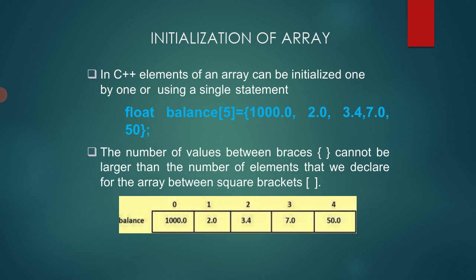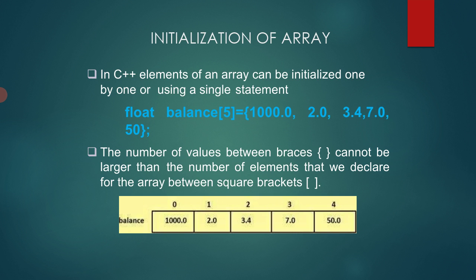So in C++, elements of an array can be initialized one by one or using a single statement. Now what is the syntax to initialize an array? Look at the syntax which is written in the blue line. float balance[5]. First of all, float is the data type, balance is the name of the array, and 5 is the size of the array.